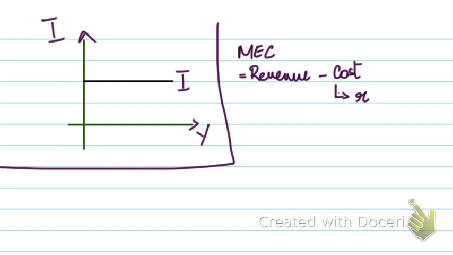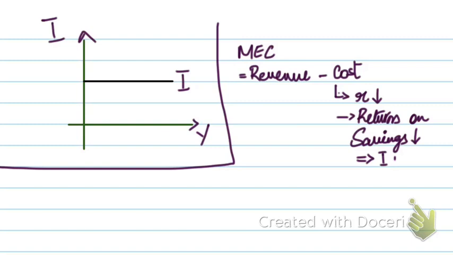So if interest rates fall, this means that the returns on savings will also fall, and if that happens, this will lead to a rise in investment. So primarily, investments depend on the rate of return.